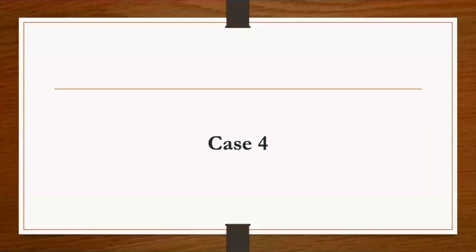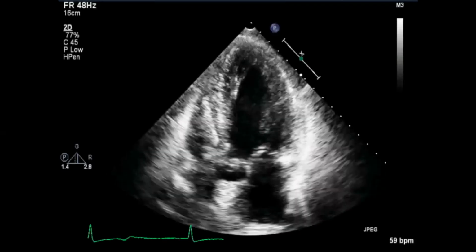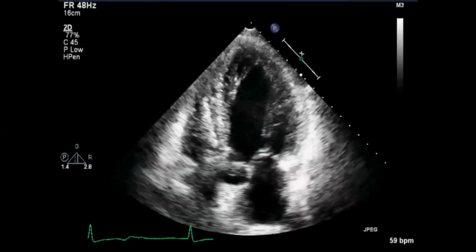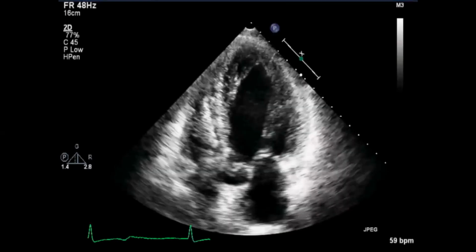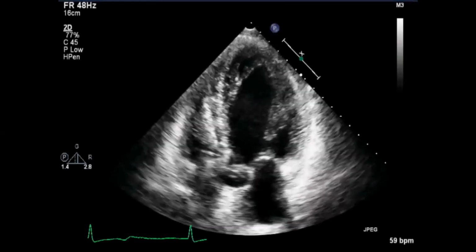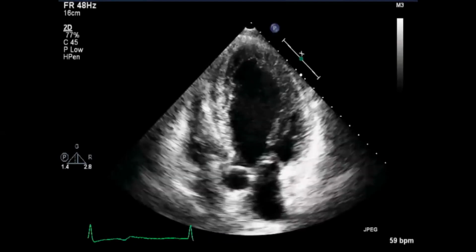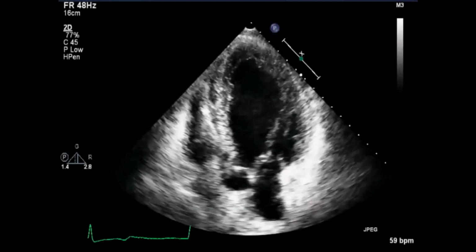And then the last one. Yes, so this is a patient with end-stage renal disease, uremic cardiomyopathy, who had a secondary prevention ICD.